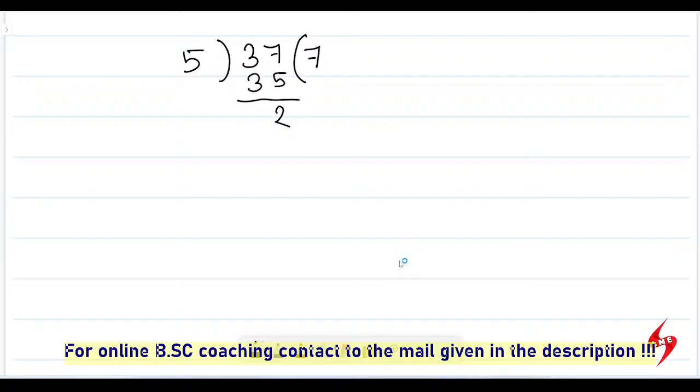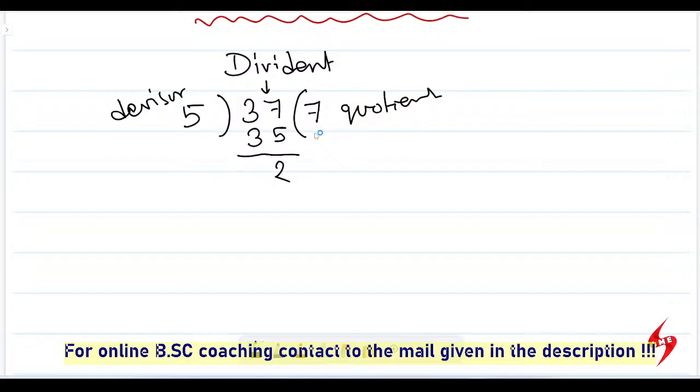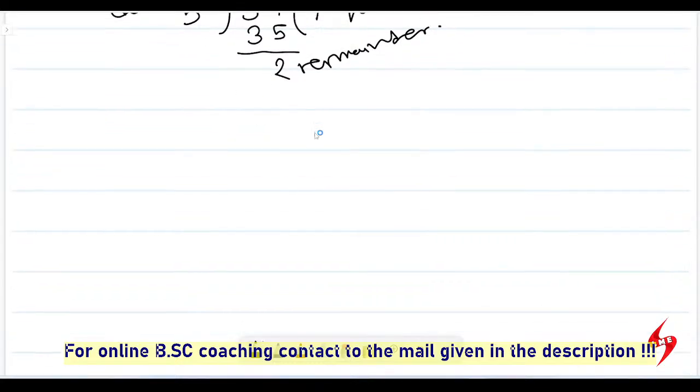In the basics we have learned that this is our dividend, this is the divisor, this is our quotient, and this is the remainder.